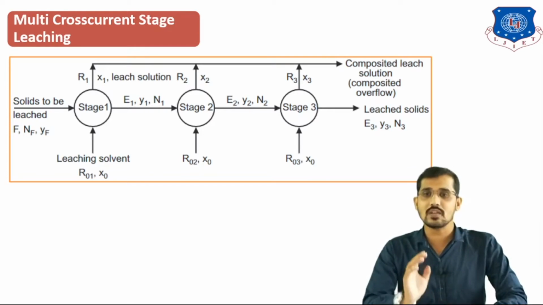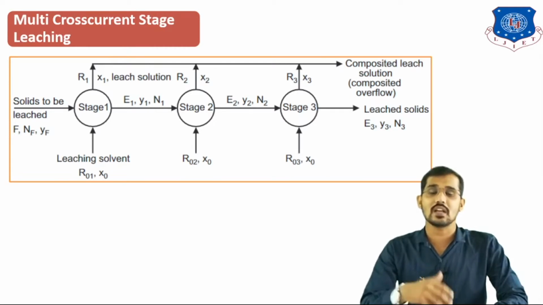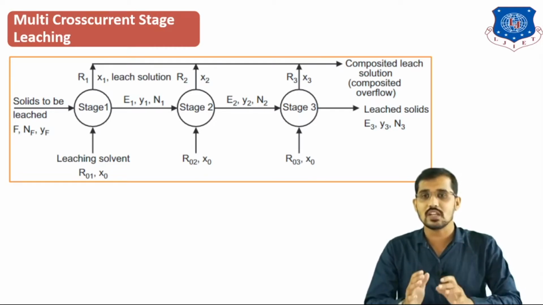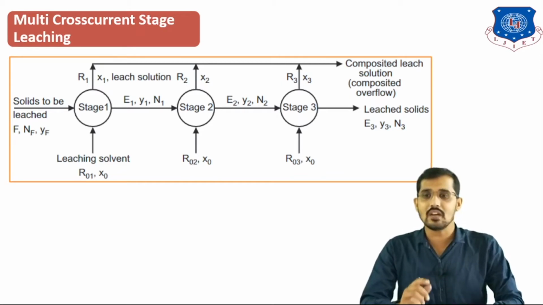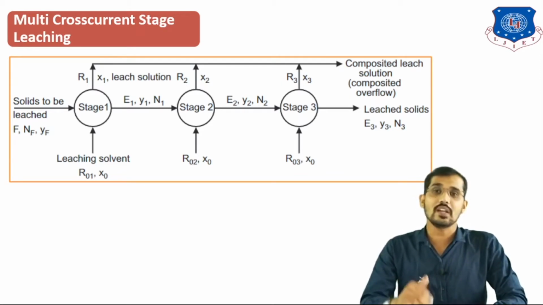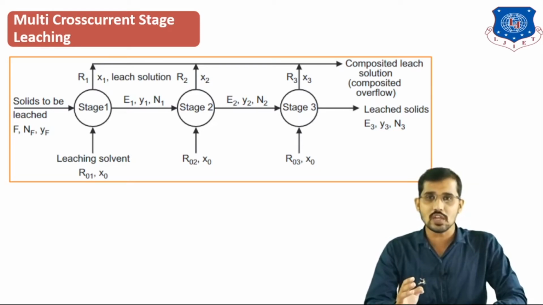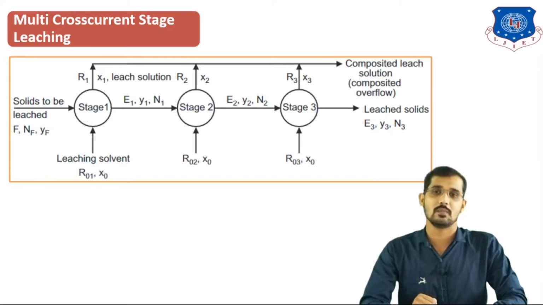After that, for the first stage, the leaching solvent is another feed stream. So for the first stage, there are two feed streams: the first one is solid to be leached and the second one is leaching solvent. After the leaching process, we get two outlet streams. The first one is the leach solution, that is the overflow stream, and the second one is the underflow stream, that is E1, Y1 and N1.